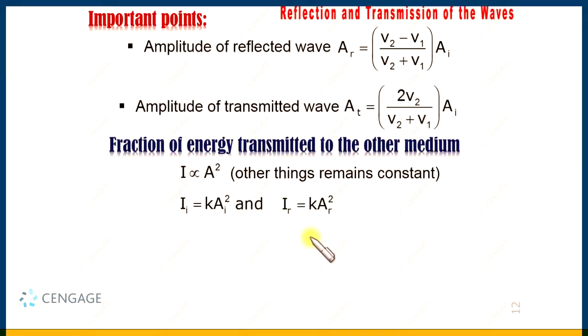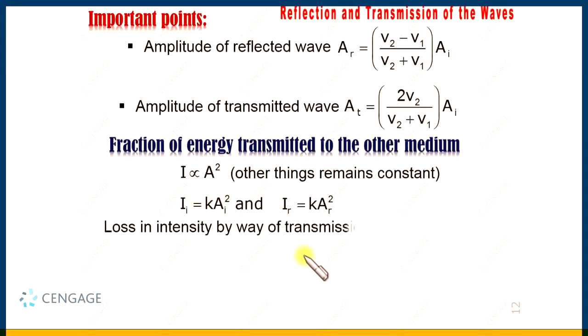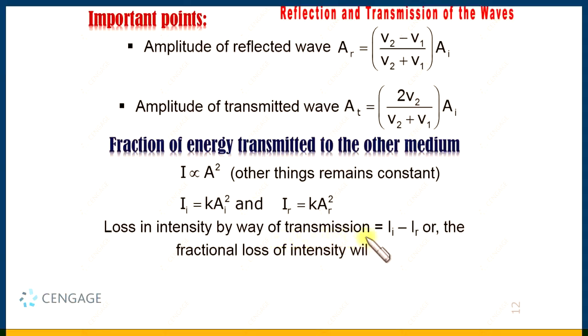Now when the wave is incident on the boundary, a certain part of the energy will reflect back and a certain part will be transmitted to the other medium. That means the loss of intensity by way of transmission will be equal to II minus IR, right? That is the part of the energy going to the second medium.